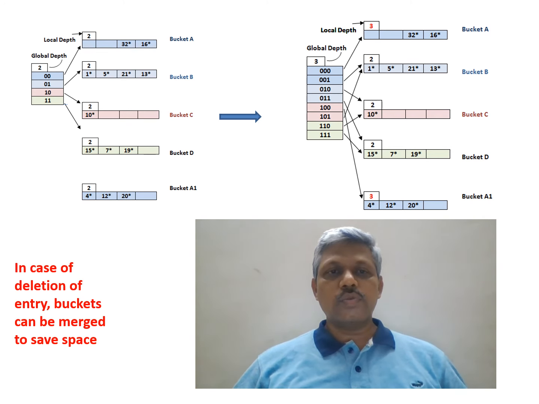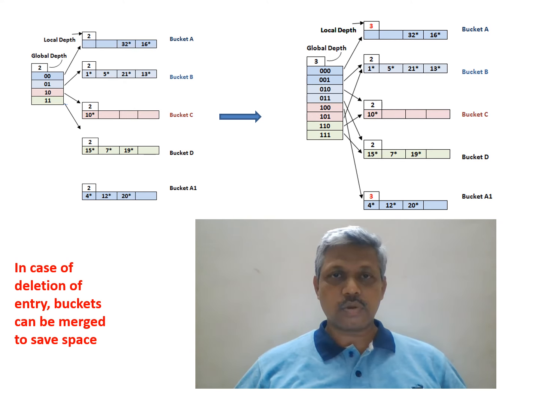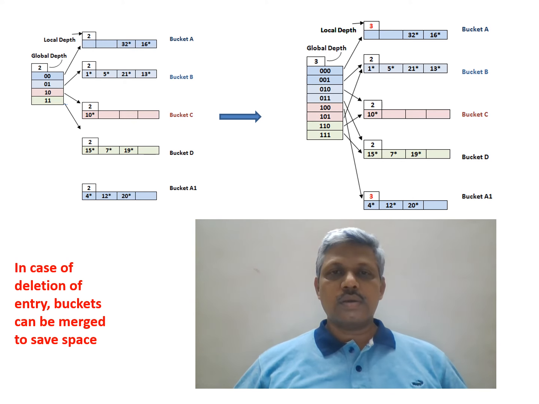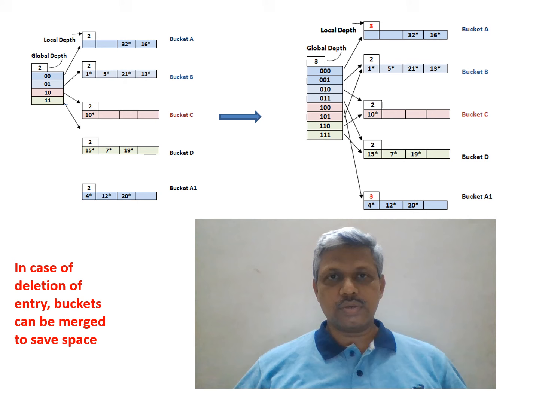Again, if a new value comes, we'll compute the values, and if the bucket is full again, we may prompt a split. But there are certain issues here. If the entries into the buckets are uniformly distributed across the buckets with respect to time, then the growth in the number of buckets will be uniform, and the split is also uniform.